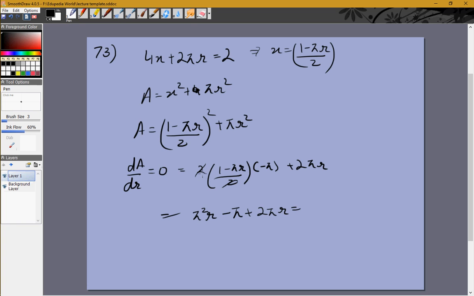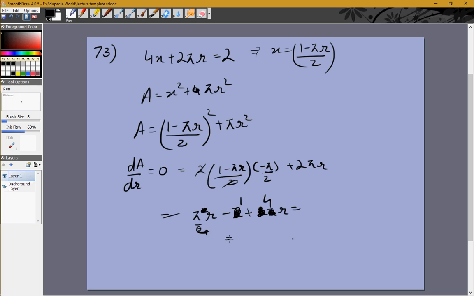Hang on, there's a 2 here. Yeah, this will be minus pi by 2 because the derivative of 1 minus pi r by 2 with respect to r is minus pi by 2. So this is a by 2 and by 2. So we can just make a 4 here and we can cancel all the pi's.